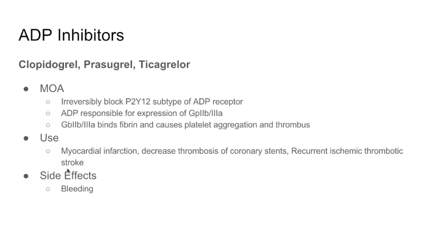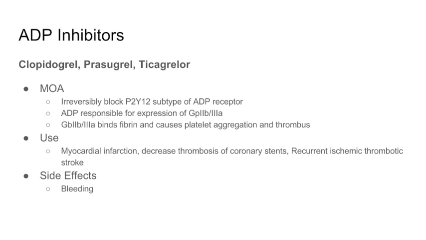The second agents are our ADP inhibitors. So these are the clopidogrel, prasugrel, and ticagrelor. And how they work is that there is this receptor in the platelets, it's called ADP, and there is a subtype for it called P2Y12. So these medications come and they inhibit this ADP receptor.